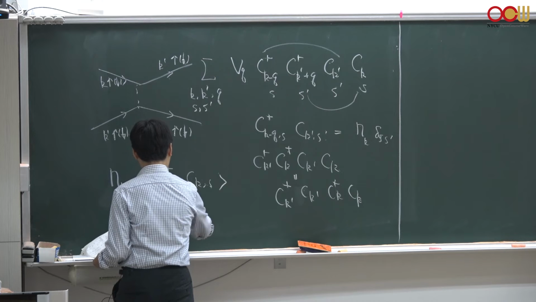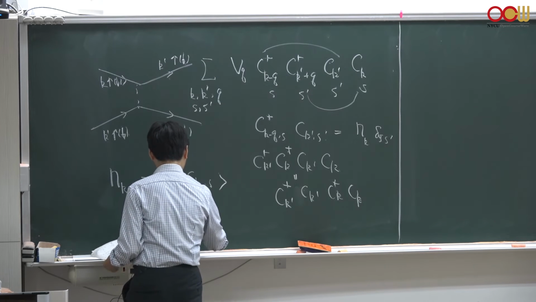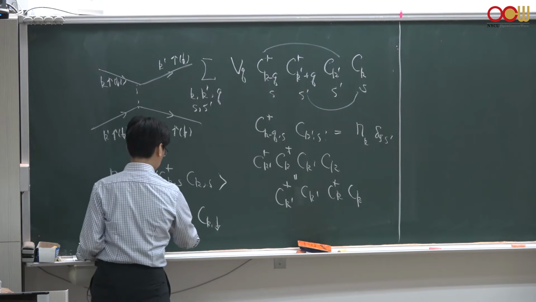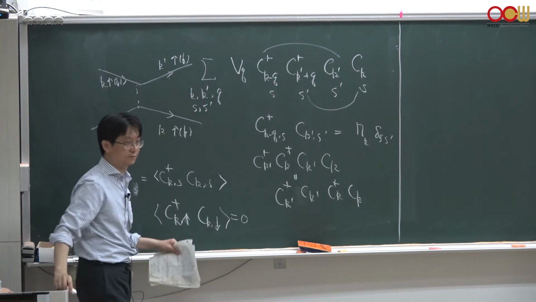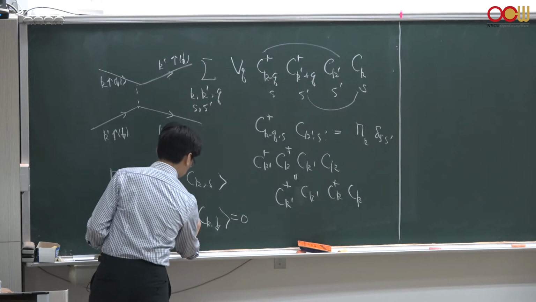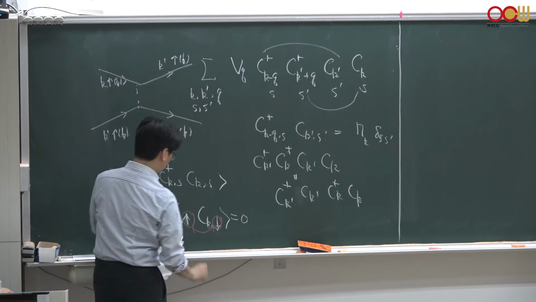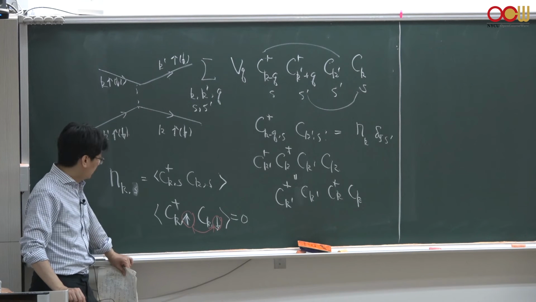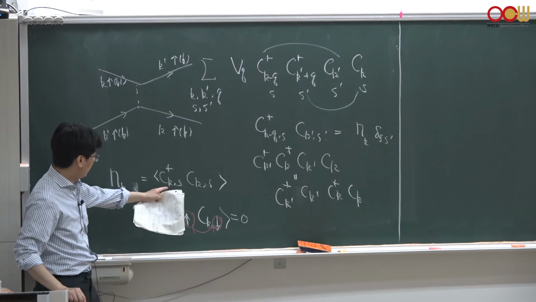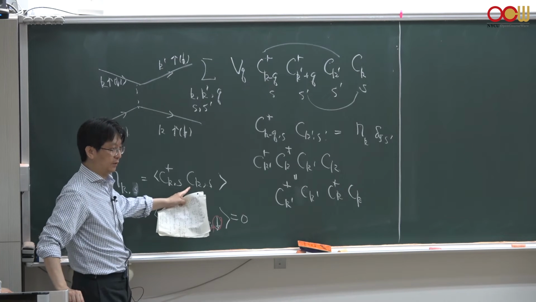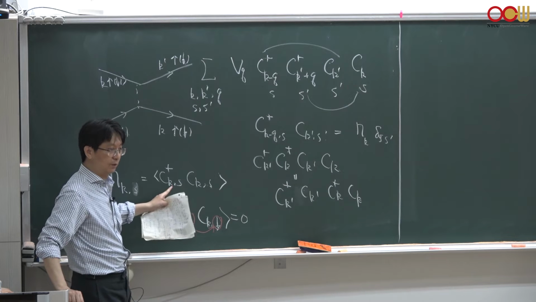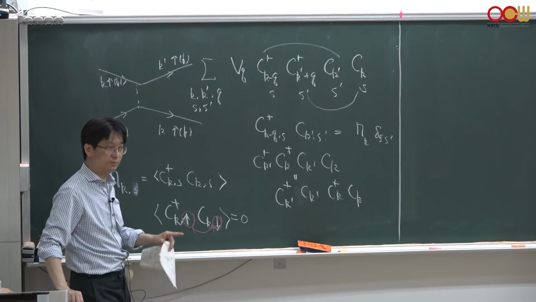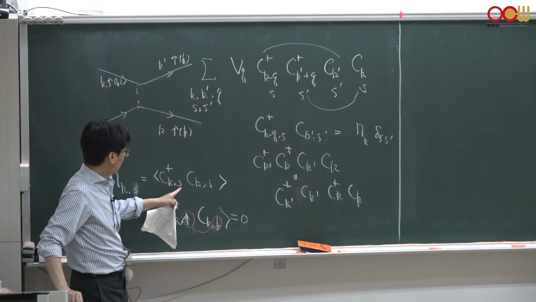So if we consider an up spin C dagger with a down spin C K, you get 0, because the spins are not the same. By definition, the occupation number is defined by a destruction operator and a creation operator, where both operators carry the same quantum numbers, including the momentum and the spin. So there should be exactly the same state. So the spin should be the same.